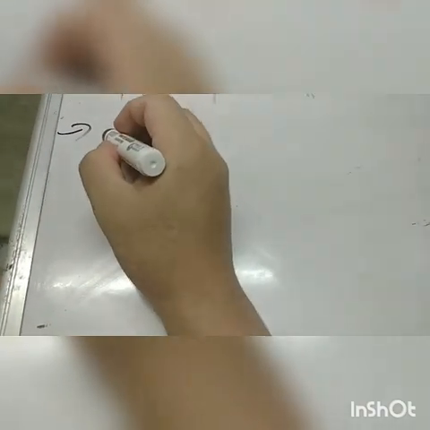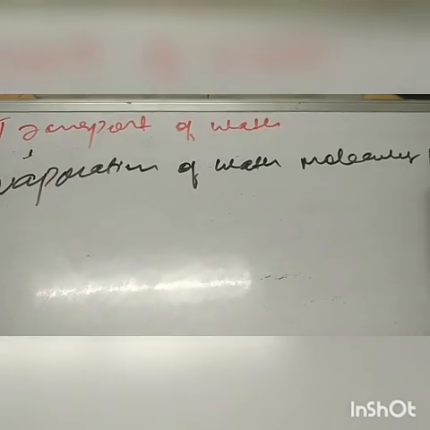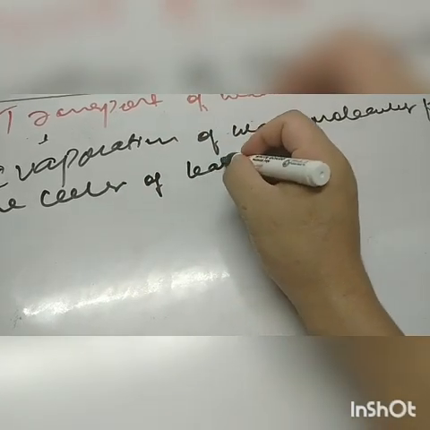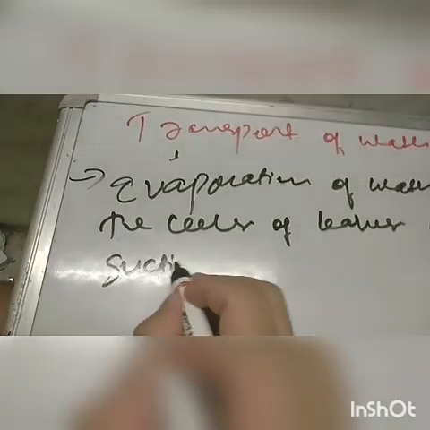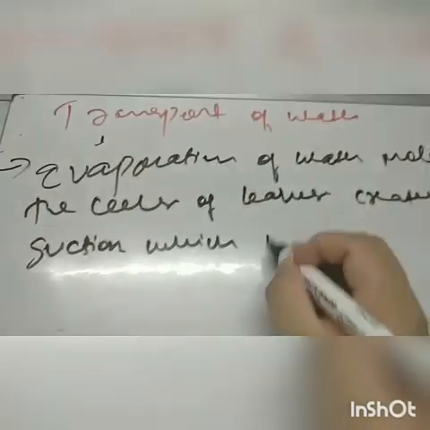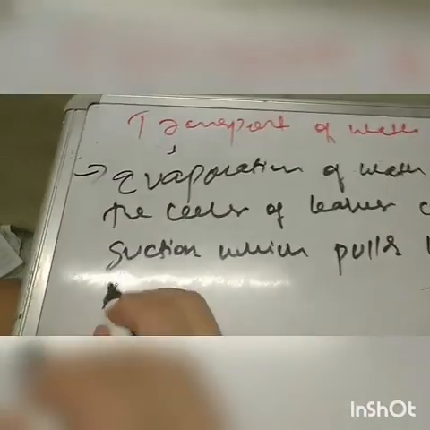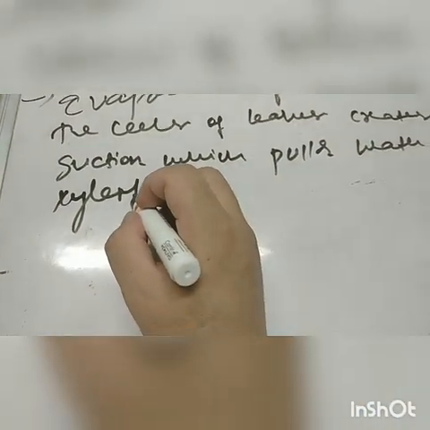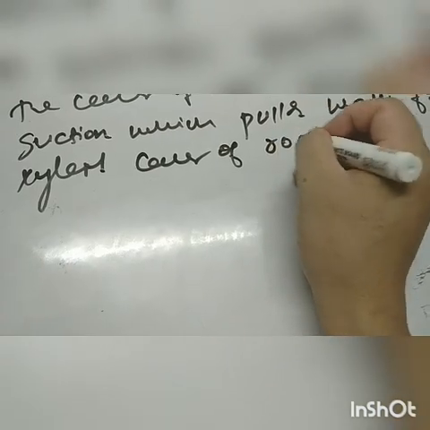So now, evaporation. Evaporation of water molecules from the cells of leaves creates a suction which pulls water from the xylem cells of roots.